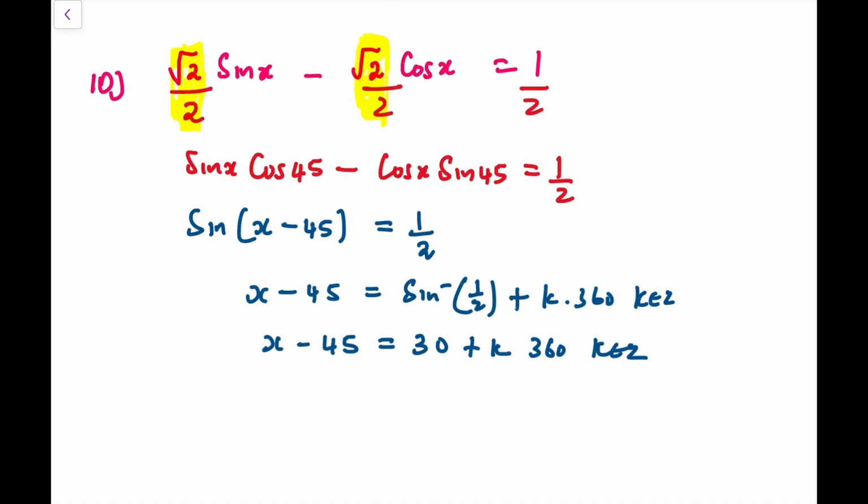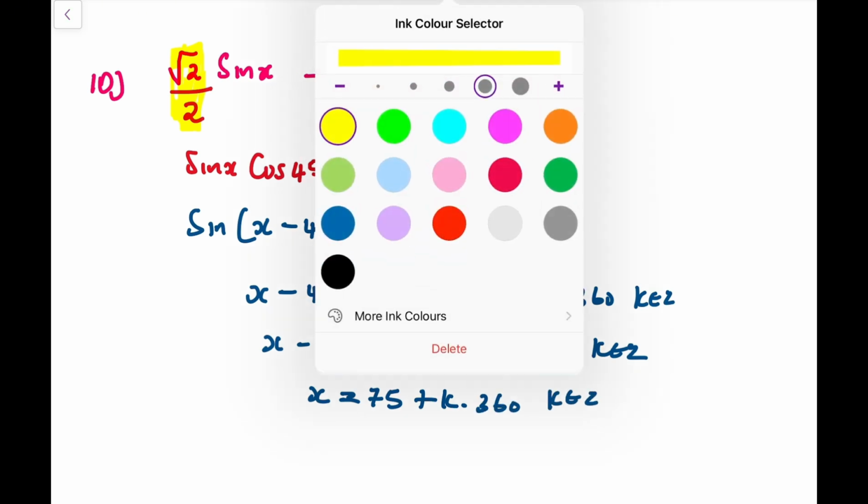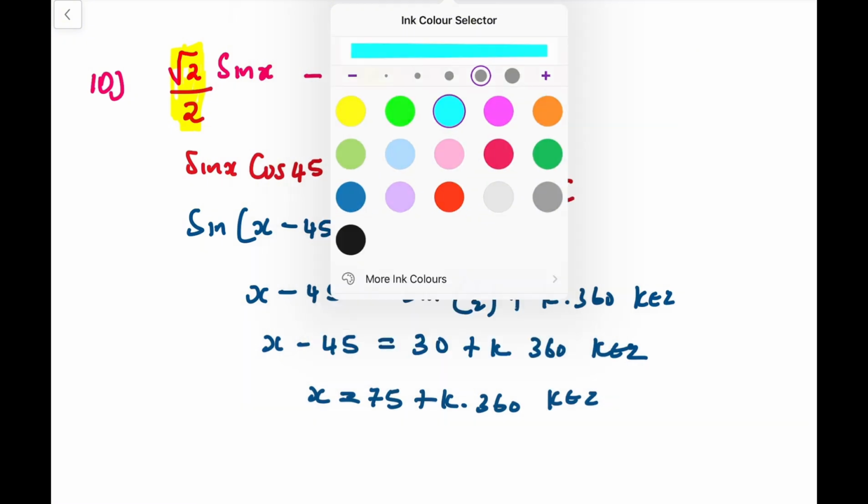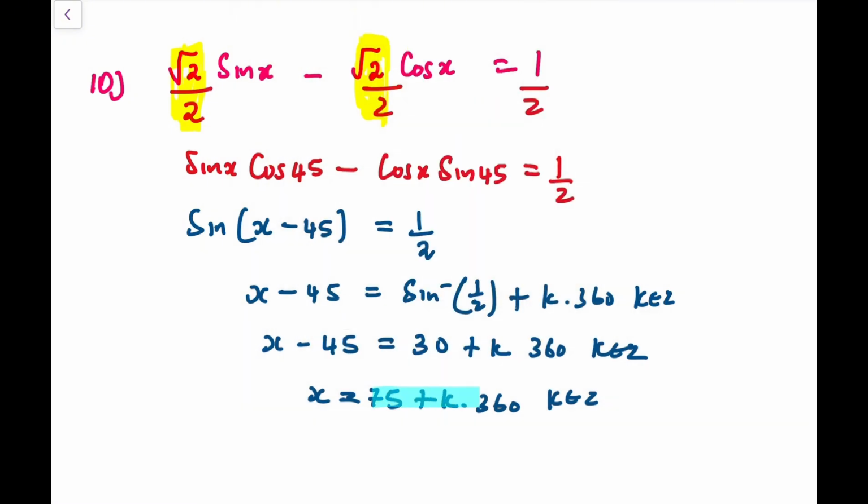And then we transpose 45, so we will have x is equal to 75 plus k multiplied by 360, where k is an element of all integers. So here is our solution number 1.